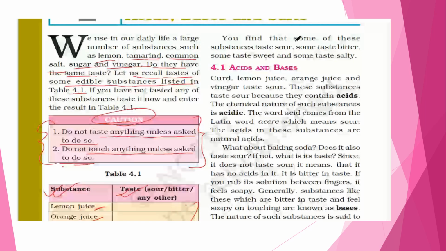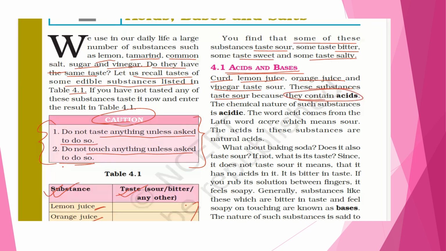Now you find that some of these taste sour, some taste bitter, some taste sweet and some are salty in taste, right? So, acids and bases. Curd, lemon juice, orange juice and vinegar taste sour. These substances taste sour because they contain some amount of acid in them.